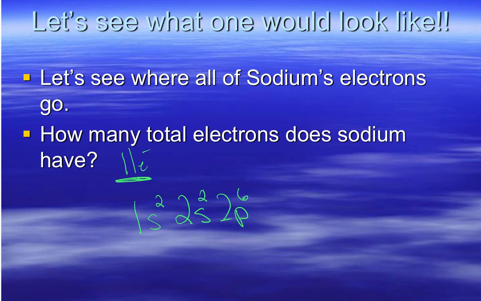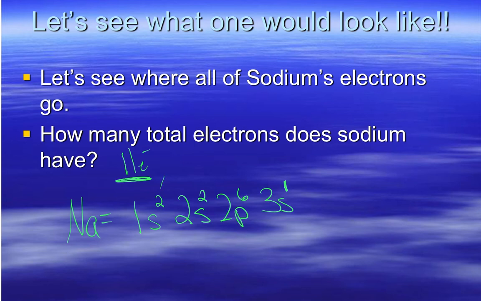So I need one more. The next one in line is 3s, and since I have one electron, that just has a 1 right there, notating that the energy level is 3, and there's only 1 electron in that s orbital. So the electron configuration for normal old sodium is 1s2, 2s2, 2p6, 3s1.